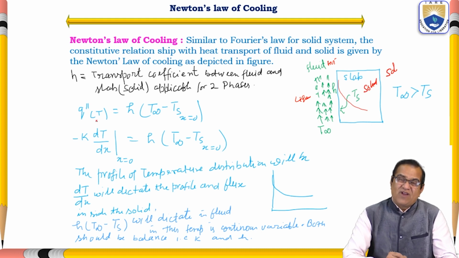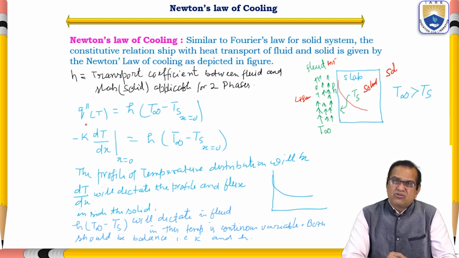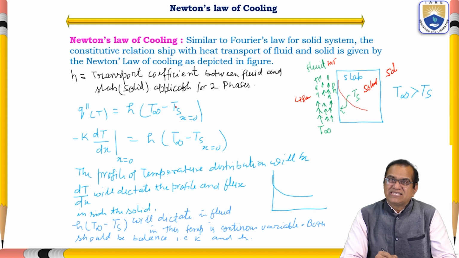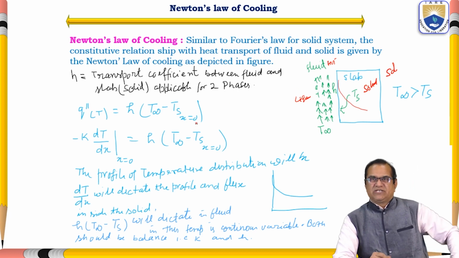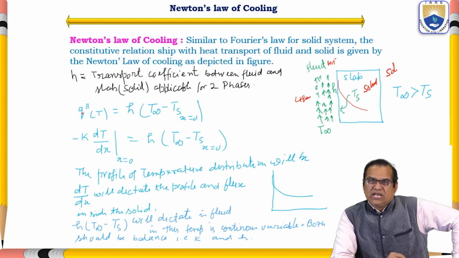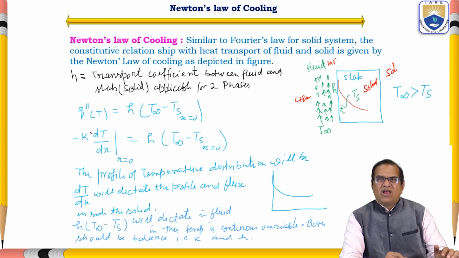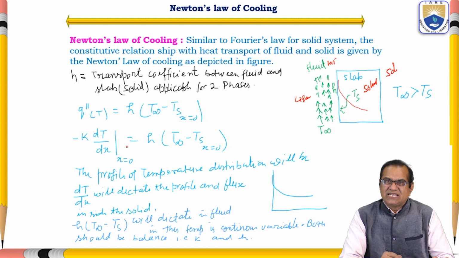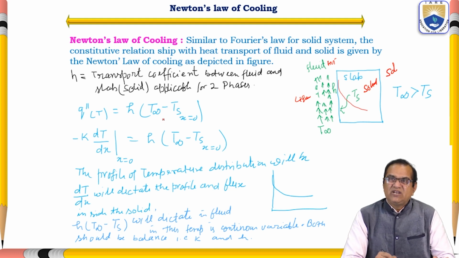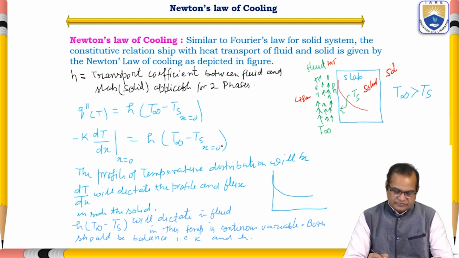So the flux q double prime at T is equal to H times T infinity minus Ts at x is equal to 0, meaning the surface temperature. So we can write this flux q double prime is equal to minus K dT by dx at x is equal to 0 is equal to H times T infinity minus Ts at x is equal to 0.